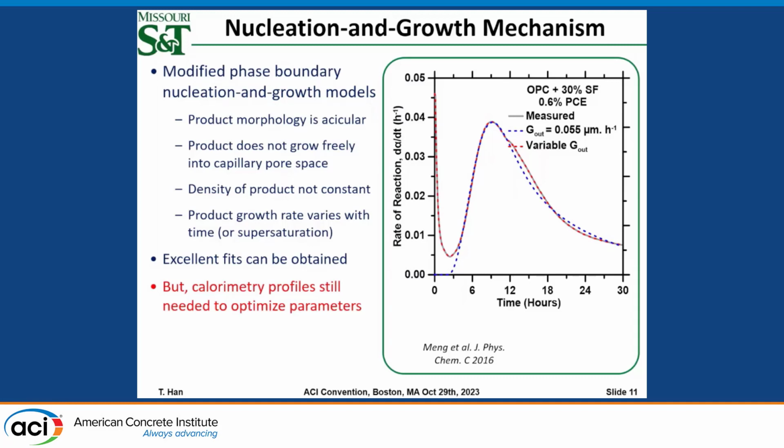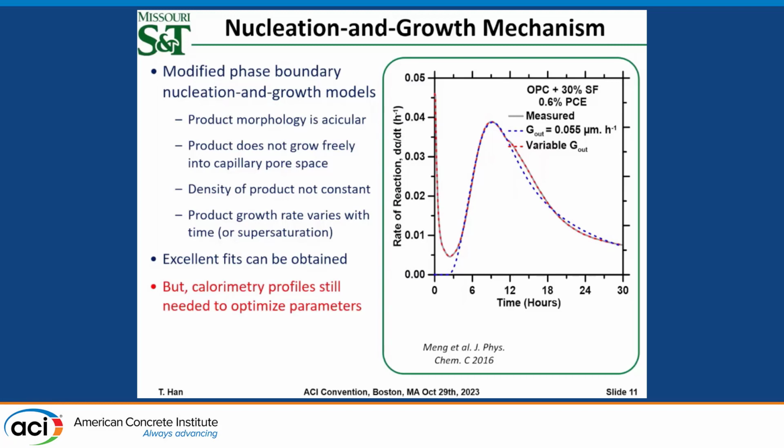If you want to use these models, you need to know the growth rate of your hydrate. The growth rate of a hydrate can be measured by experiment, but that means you can only use the nucleation and growth model for a known system.